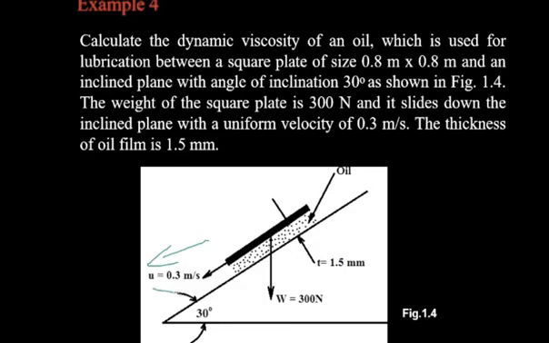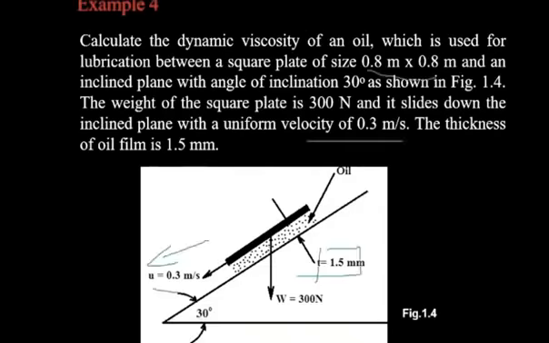It is inclined at 30 degree. The size of the square plate has been given. Next, thickness is given. So whatever is given, first note it down, because only then will we get the answer if we note down correctly. Then uniform velocity is 0.3 meter per second. Okay, we'll solve the problem we have been given.